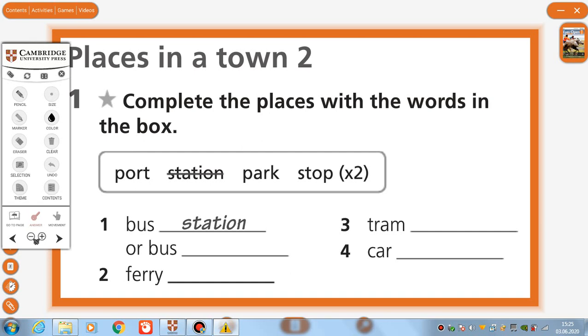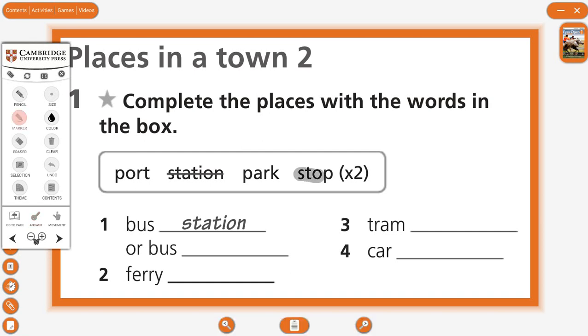Number 1, half done. So we have to do the other half. Bus station or bus stop, değil mi? Bus stop. We can say bus station, bus stop. Ferry port. Yes, ferry port. We can delete port.